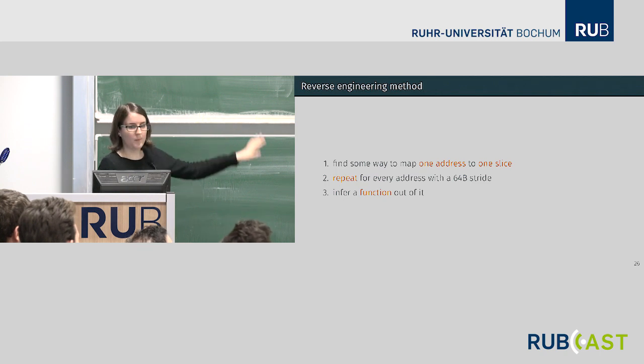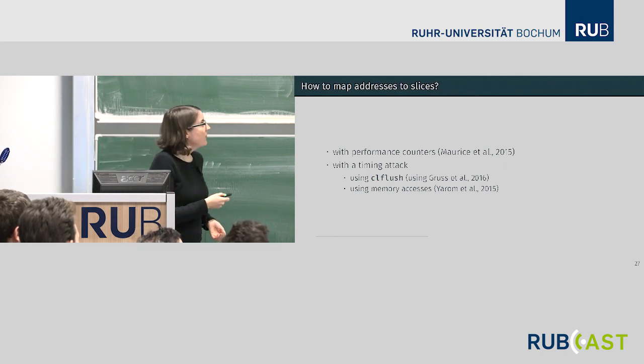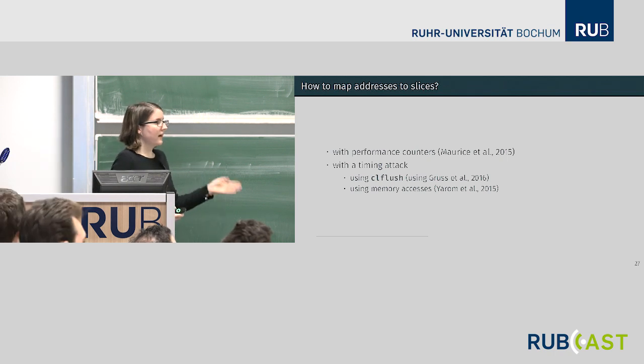So this first step: how do we map these addresses to slices? There are these performance counters I've been telling you about. We also have different other methods to do that. We can use the CLFLUSH instruction, because this one has a different timing depending on the slice the access goes to.